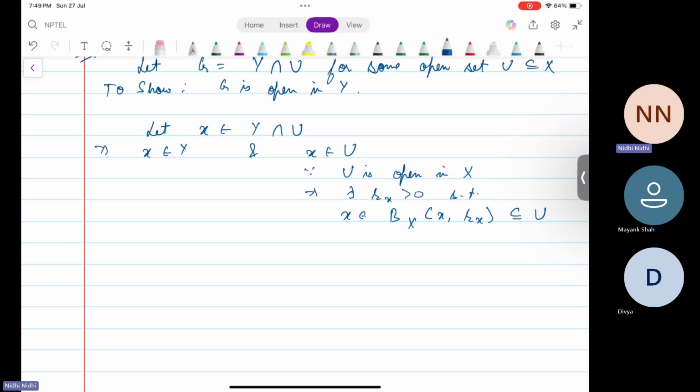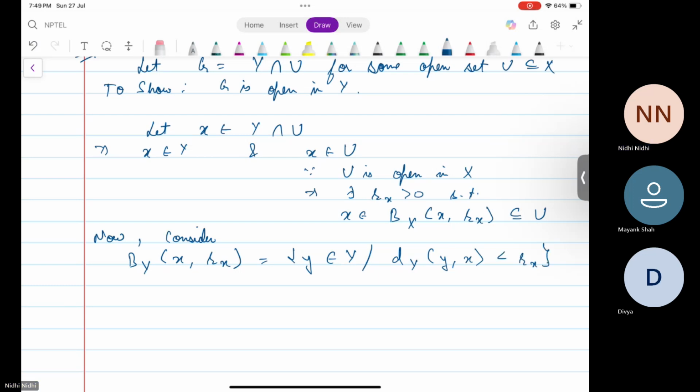Now consider the ball in Y around x with radius Rx. This is the set of all those points y in Y such that dY(y, x), obviously x is in Y, so we can talk about dY(y, x), is strictly less than Rx.